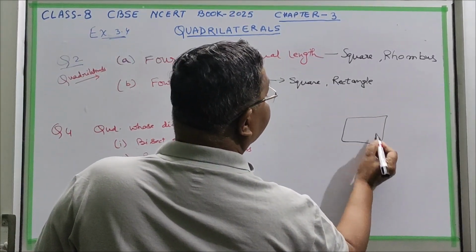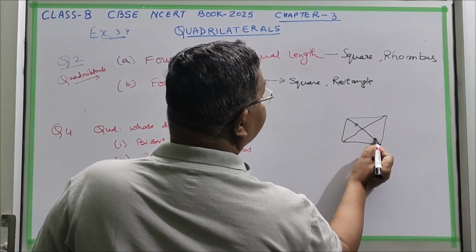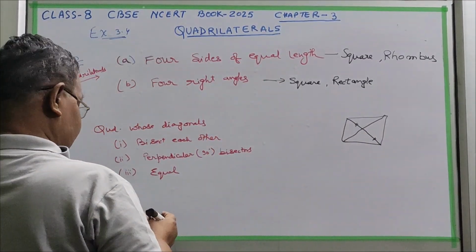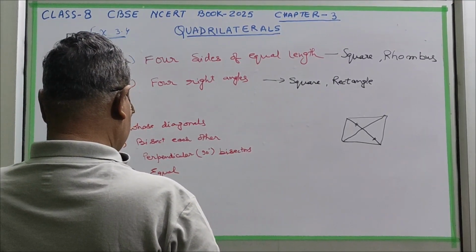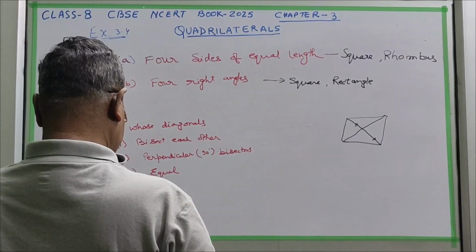Now question number 4: a quadrilateral whose diagonals bisect each other. This is a diagonal, so this is equal to this. They are saying the diagonals bisect each other.